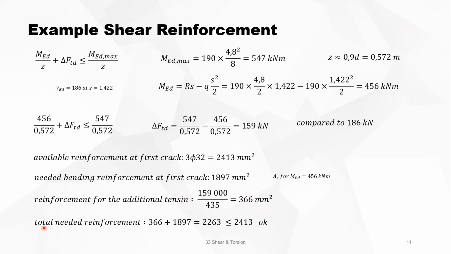So it means that the total needed reinforcement is the 366 plus the 1897, which is 2263, but we have available 2413, so this is okay. So the tensile reinforcement can take the additional tension that is generated by the shear force.